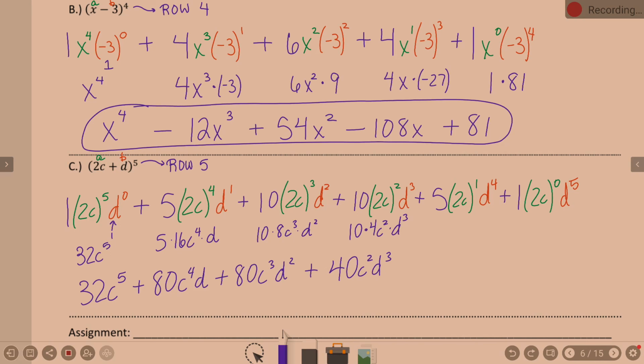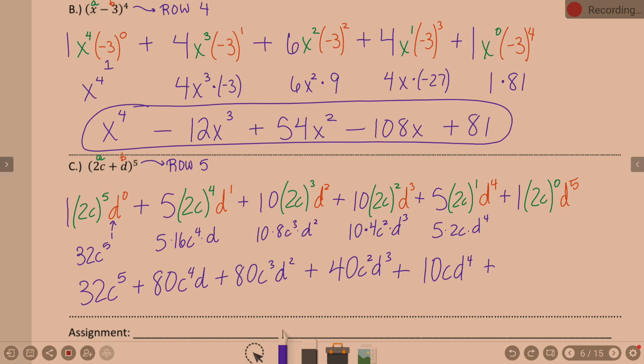I left out the plus. Okay, this next one isn't bad. You've got a 5, 2c to the 1st, and a d to the 4th. So you do end up with 10c d to the 4th.